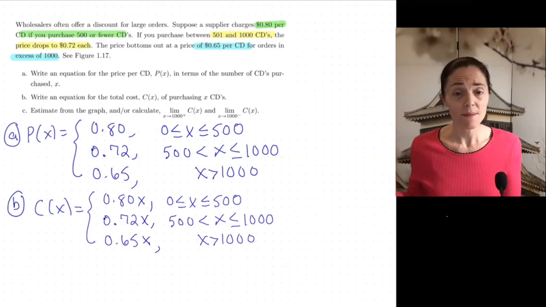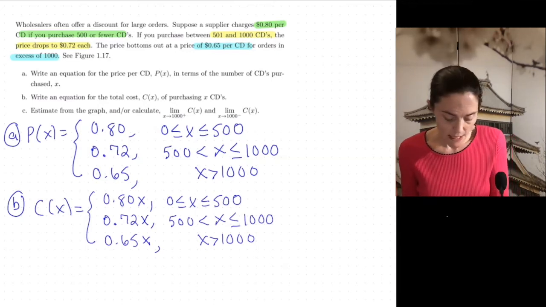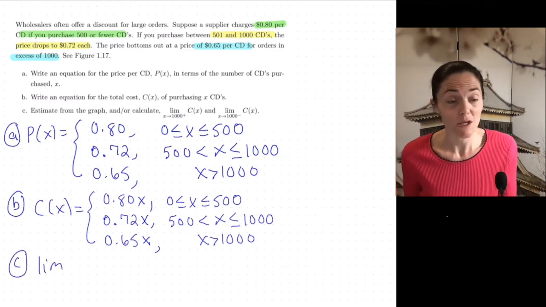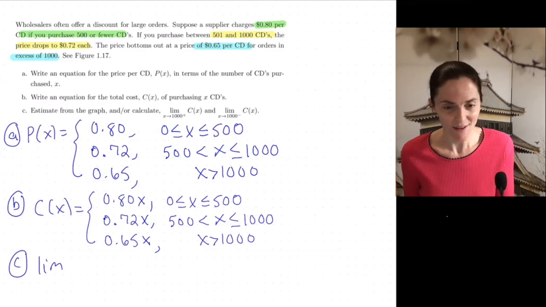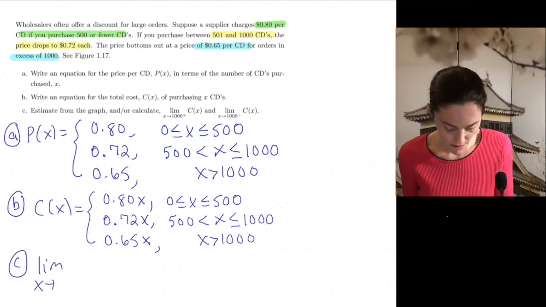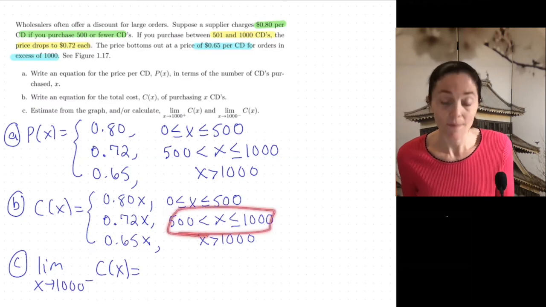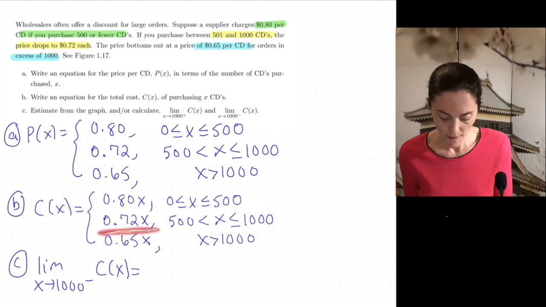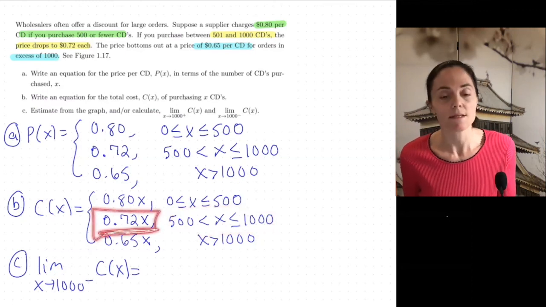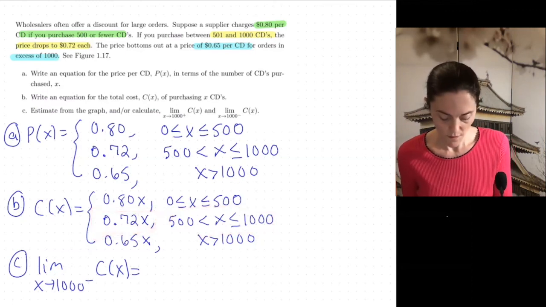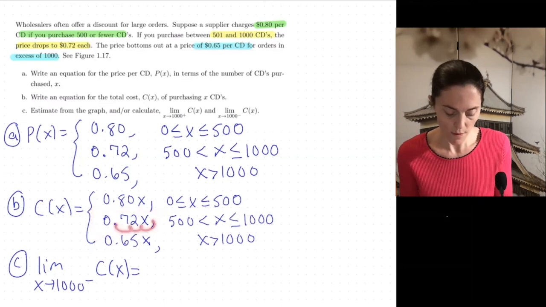Now, to get the limit from the left and the limit from the right, let's see. I will do it algebraically, but then we can look at a graph of this function. On the left of the cost, well, the left uses values less than 1,000, and this would be this formula. So we just evaluate this at 1,000. That would move the decimal place 1, 2, 3. We would get 720.